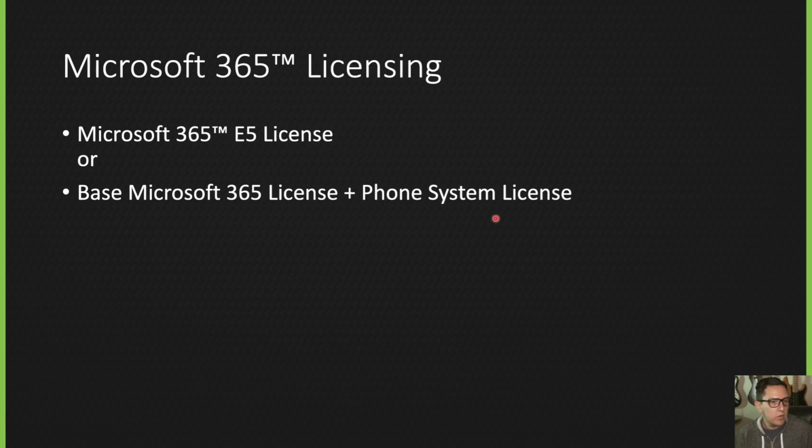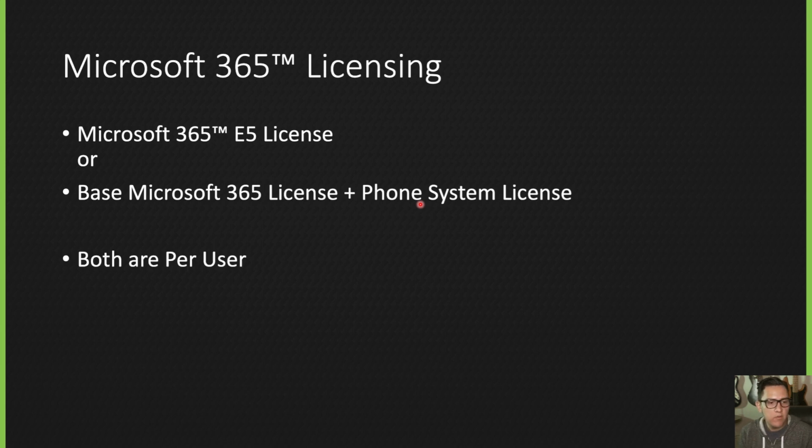You can also have a base Microsoft 365 license, meaning a basic license, a standard license, or any of the other enterprise licenses like E1 or E3 that do not have the phone system license, and you can purchase the phone system license separately.